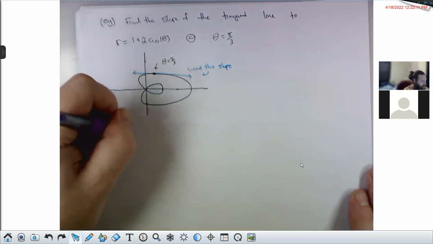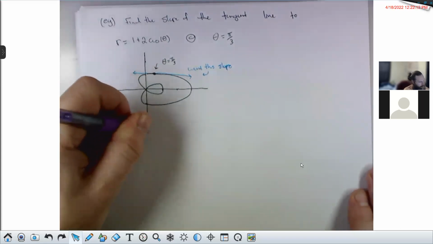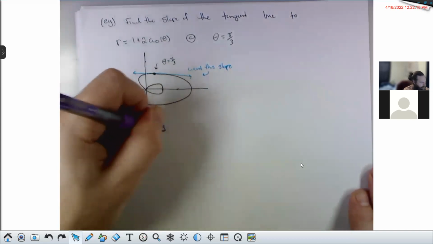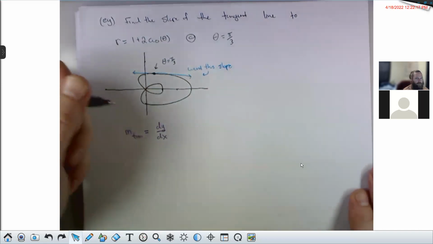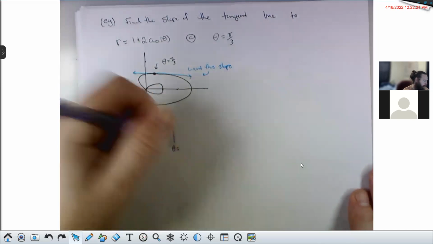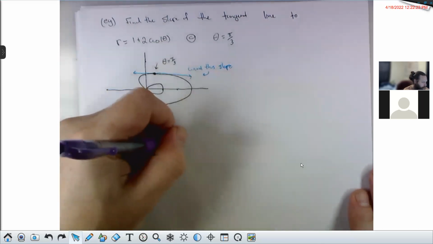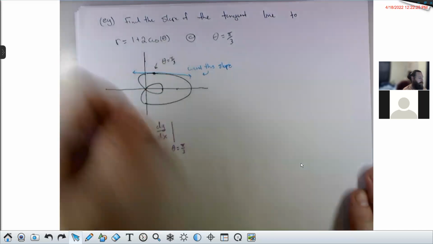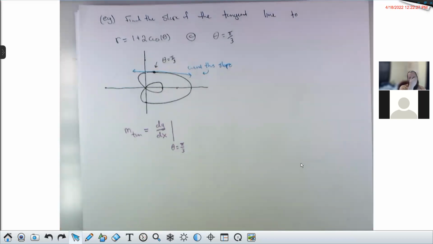And we know that the tangent slope always comes from dy dx evaluated, in this case at pi over 3, at whatever value you plug in for the variable that puts you at the point you want.